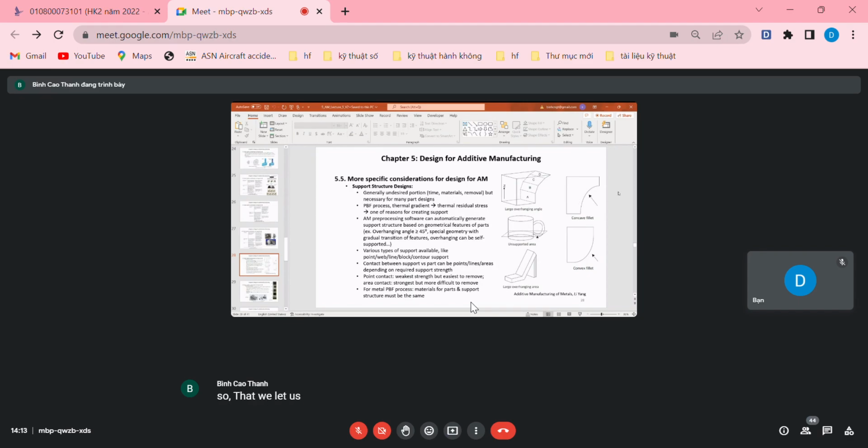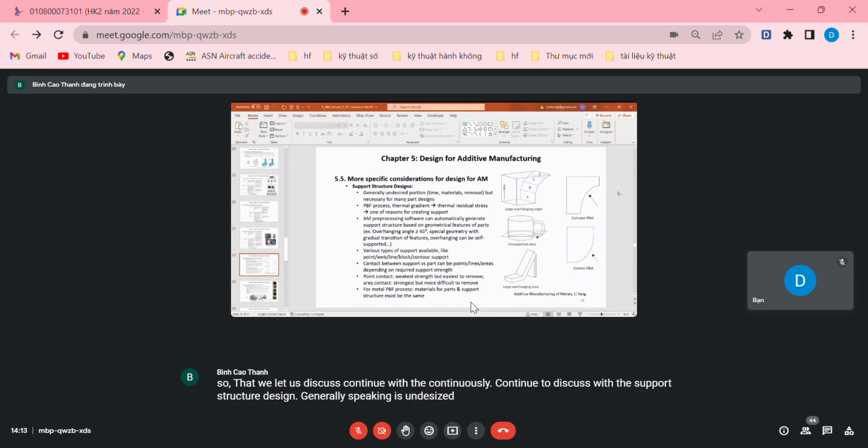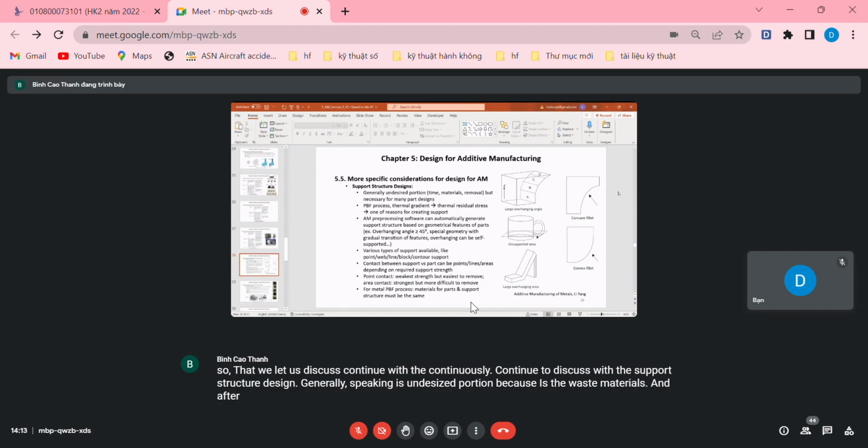Let us continue to discuss the support structure design. Generally speaking, this is an undesigned portion because it is waste material, and after the additive fabrication, you need time and effort to remove the support structure.